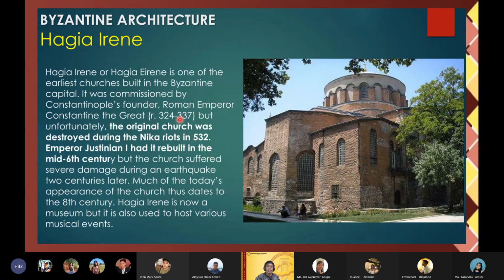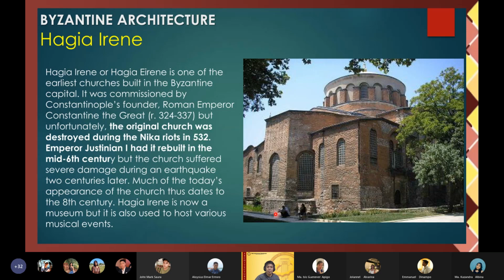So again, no, ang Hagia Irene, nag-start siya during the early Christian, pero aside from Hagia Sophia, Hagia Irene was also destroyed during the Nika riots. So in 532, they reconstructed it and adjusted a little bit on the plan. So again, this is an example of Byzantine architecture.